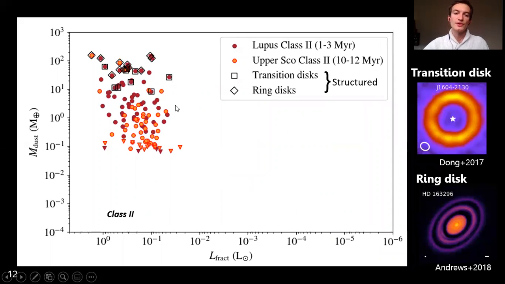What's most notable is that at the top of this dust mass distribution, we have the structured disks, which we qualify as being transitional ring disks, for which we can see the gaps with the ALMA millimeter images. So there's definitely a different process that's driving the disk dust evolution in this class 2 phase, which we'll come back to later.